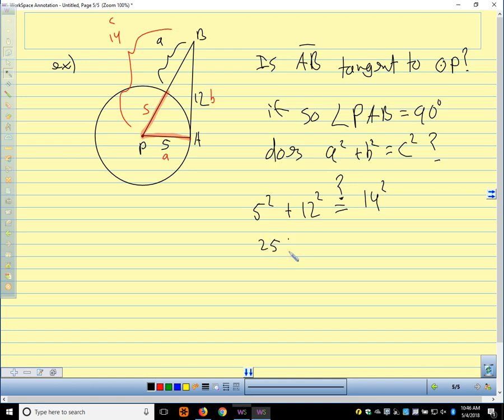Well, this is 25 plus 144, which equals 169. 14 squared is 196. Those are not equal. So this is not a right triangle.